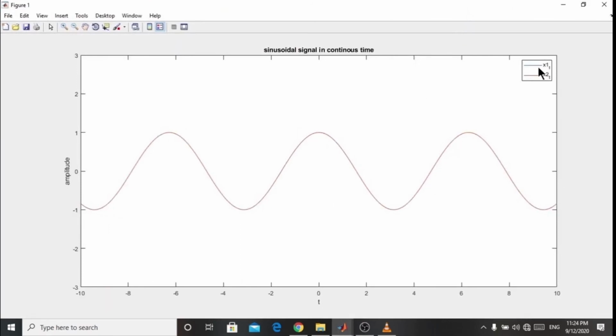That is, here x1 of t is under x2 of t. That's why we can't see it. From this we can conclude that when we subject a cosine function to time reversal, we get the cosine function itself. That is cos of minus x is equal to cos x. Its mirror image is the same as its original signal.